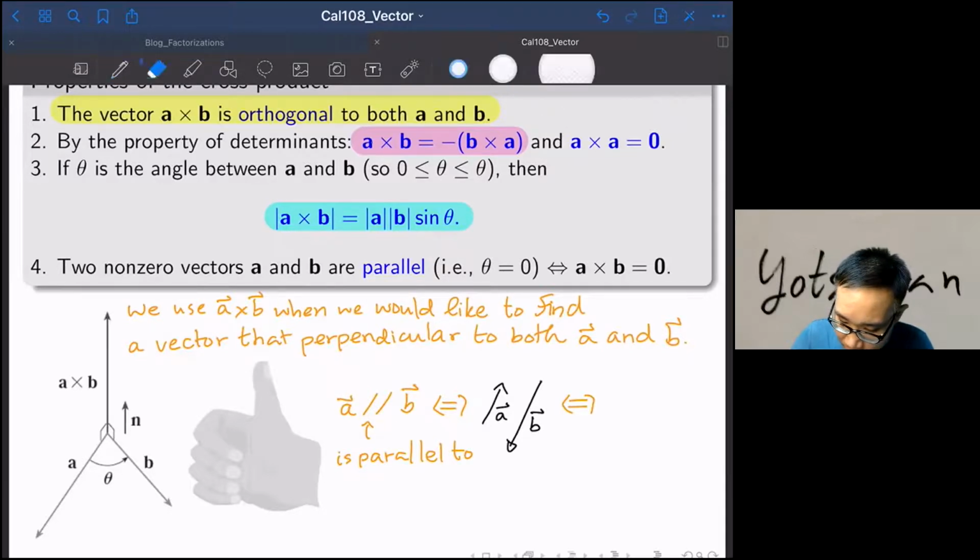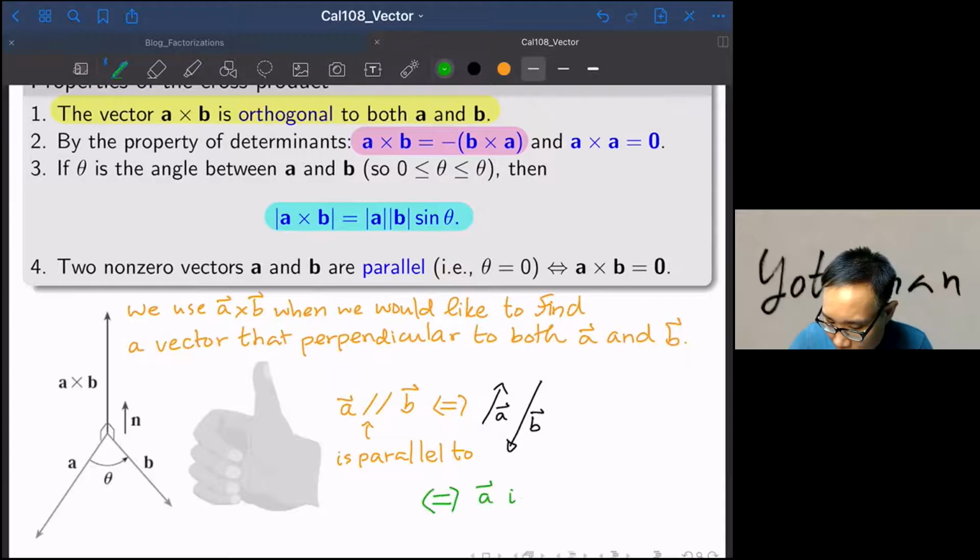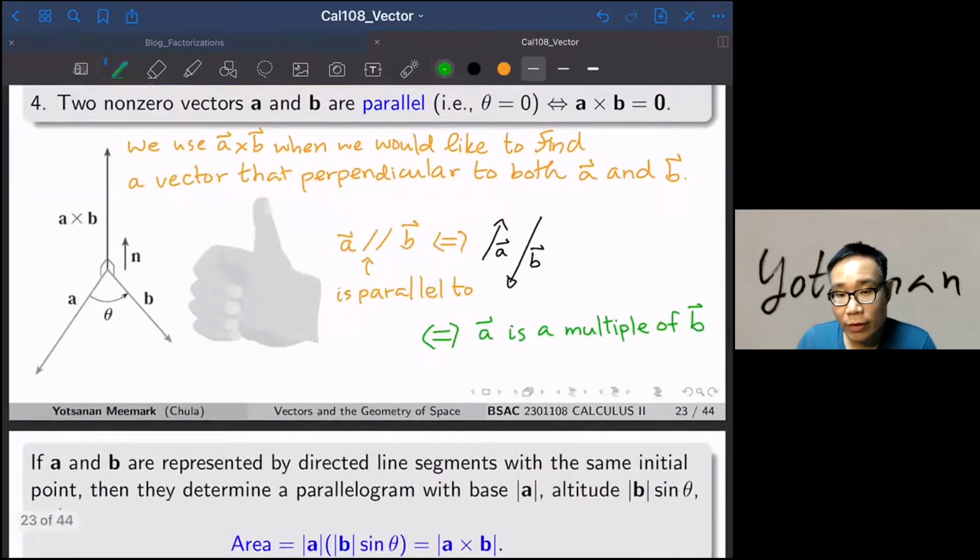Let me write it down here: A is a multiple of B. What does it mean for A to be a multiple of B? It means that A is a constant times B, like this.